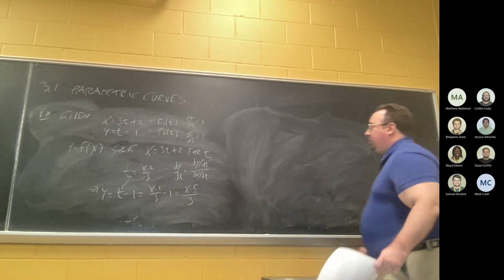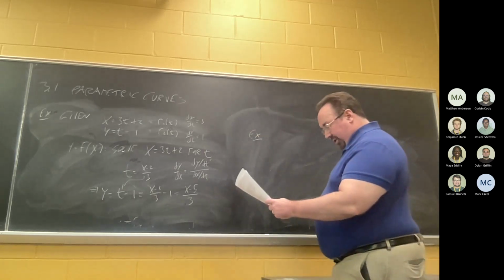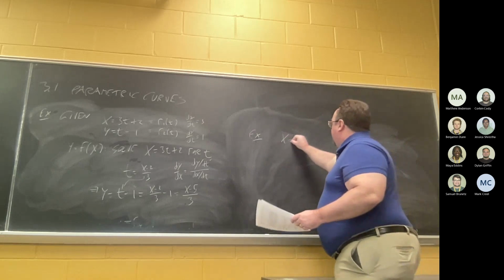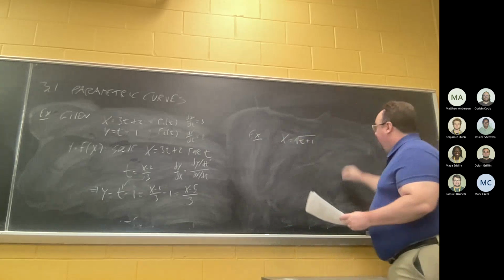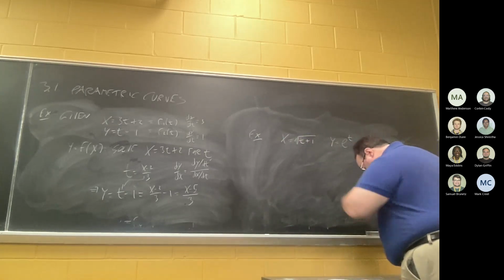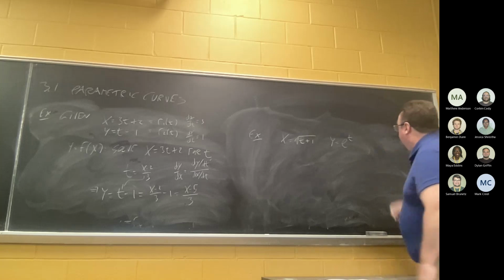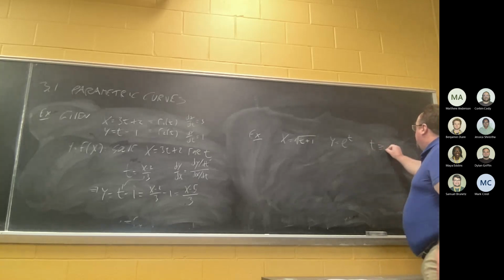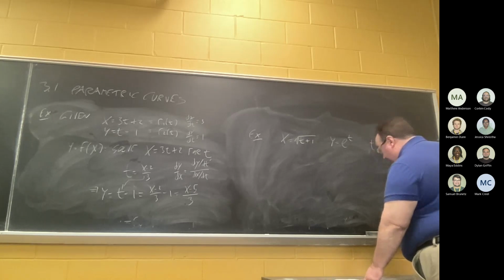Okay, one more. Given these parametric equations, x is square root of t plus 1, y is equal to e to the t. And we're going to assume that t is non-negative.